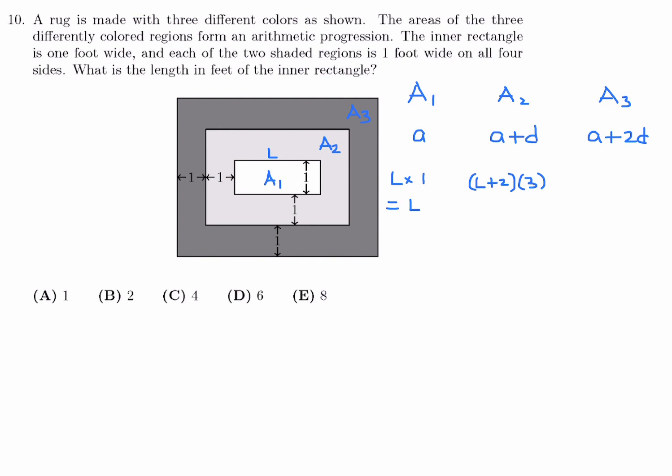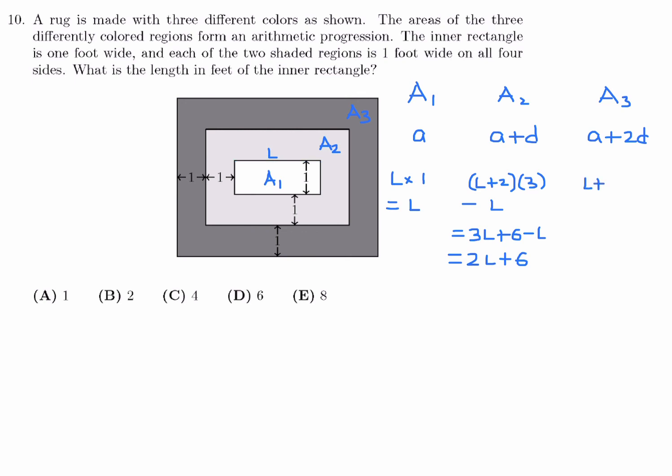All right, well, this is that part. And then I have to subtract from it the inner guy. So that's going to be L times 1, which is just L. So this is going to be 3L plus 6 minus L, and that's going to be 2L plus 6. So now let's figure out A3. A3 is going to be, let's see here, L plus 1, 2, 3, 4.